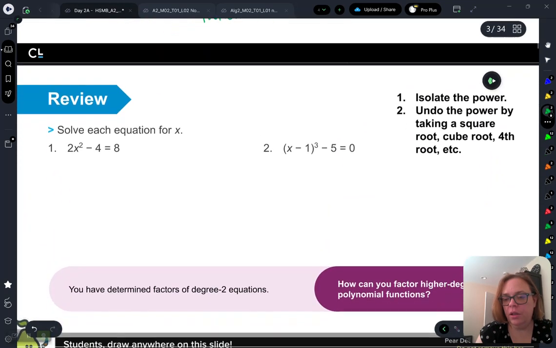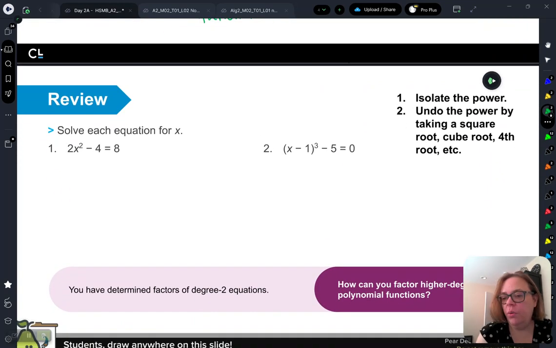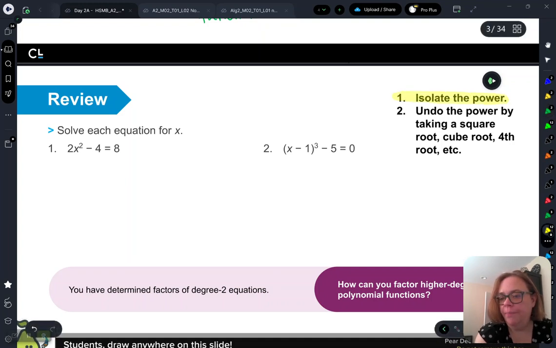So to solve these types of equations, we need to first isolate the power, okay? Then undo the power. So if it's a square, we can take a square root. If it's a cube, we could do a cube root, or a fourth root if it's a fourth.